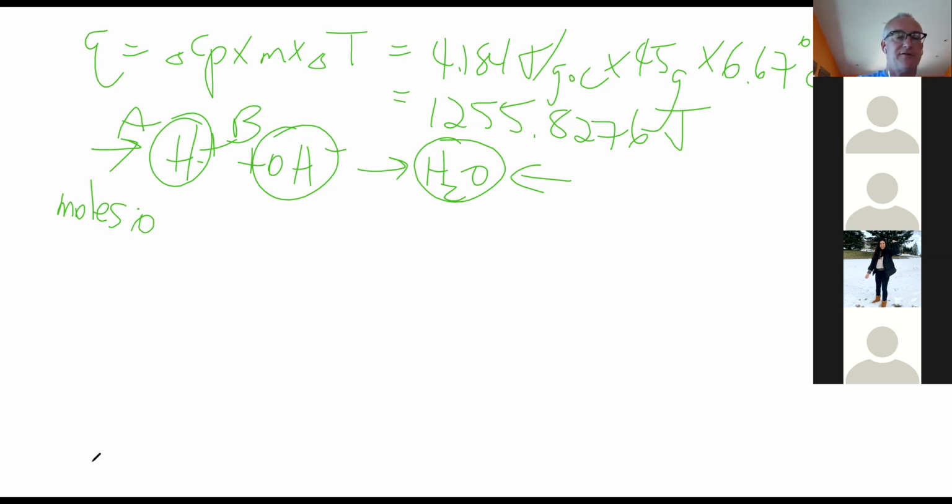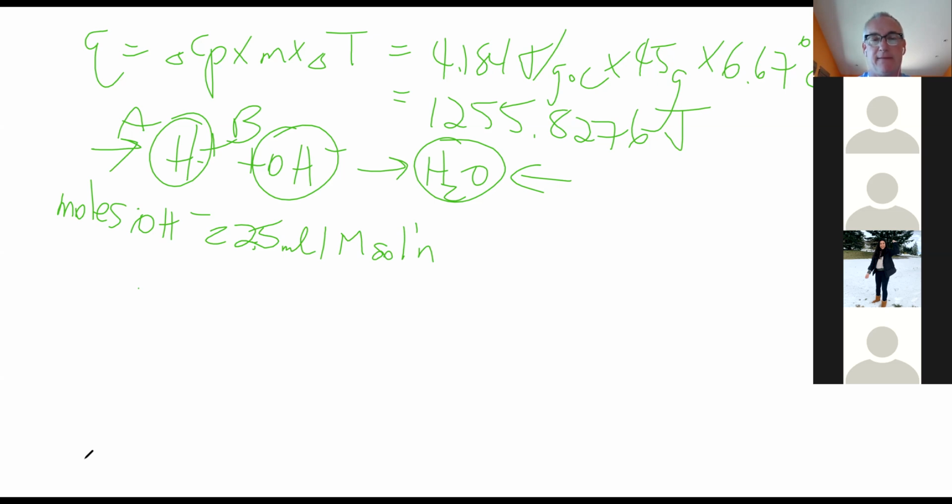So moles of hydroxide. How many moles of hydroxide did we have? We had 22.5 mils of a 1 molar solution. So how many moles of hydroxide is that? How do we calculate that? Someone help me.